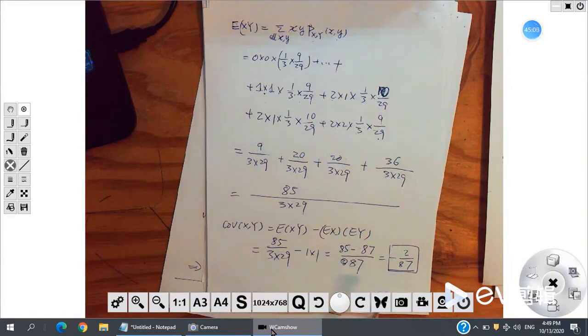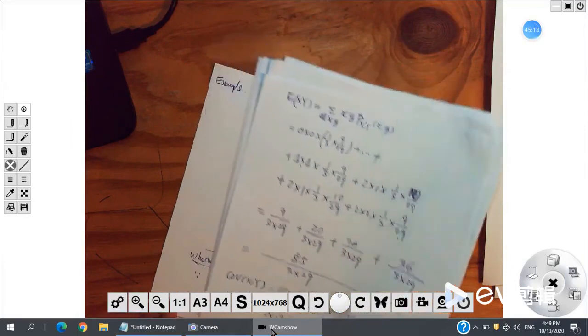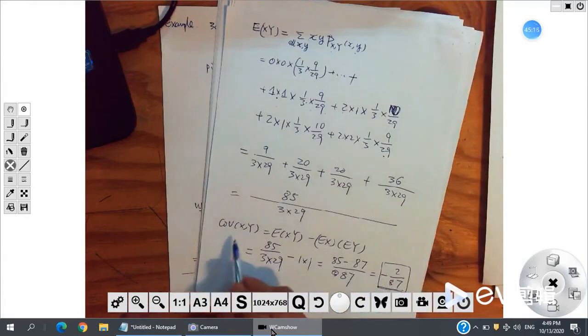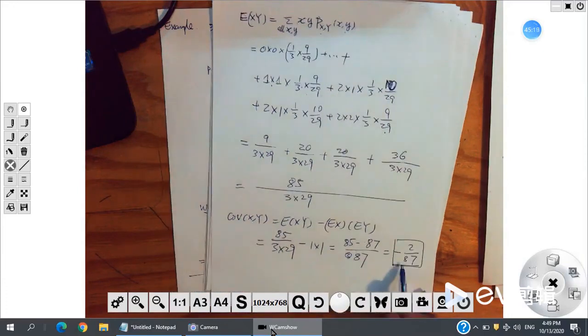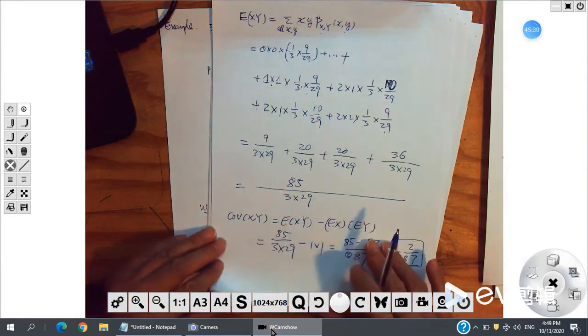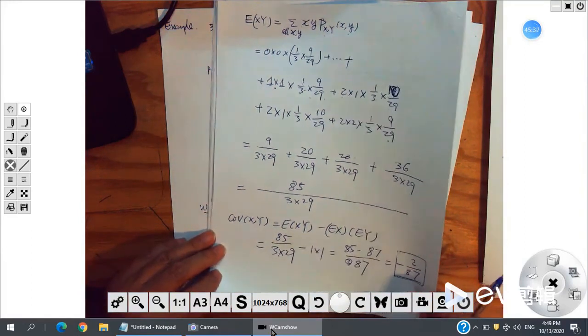And this is also an example. We know these x, y are not independent, and on the other side, the covariance is not 0, because covariance equal to 0 is related to the independence of these two random variables. Okay. So this is one example.